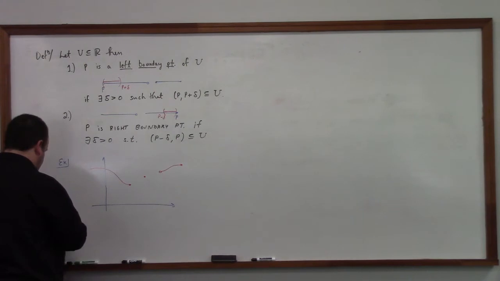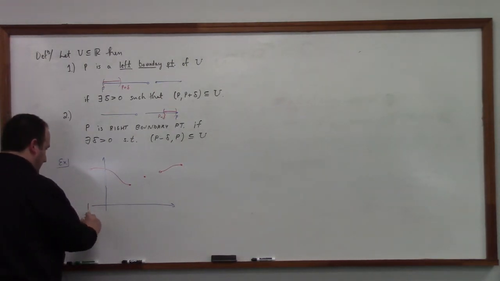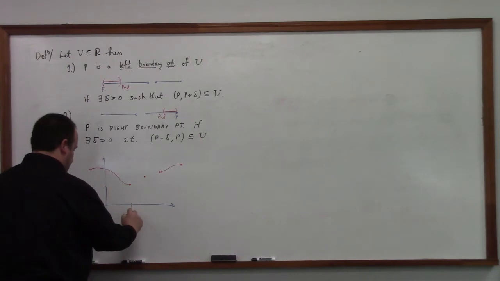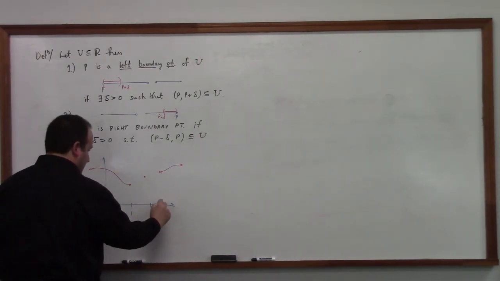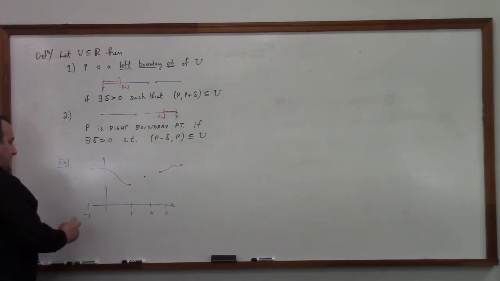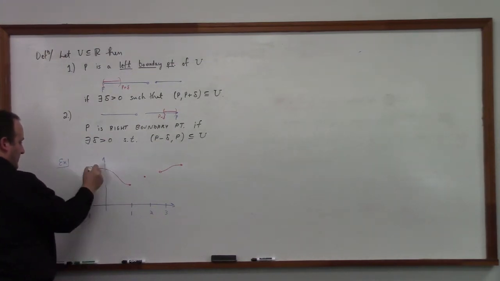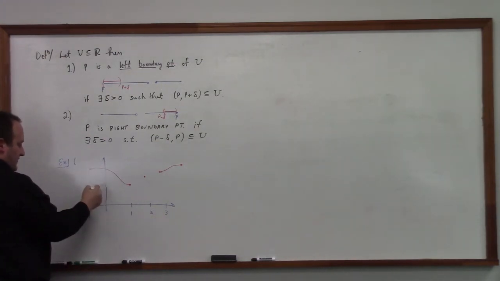Let's see here. Suppose that this one is at -1, this one's at 1, this one's at 2, this one's at 3, right? Maybe this point right here, that hole in the graph, is actually at (-1, 3).